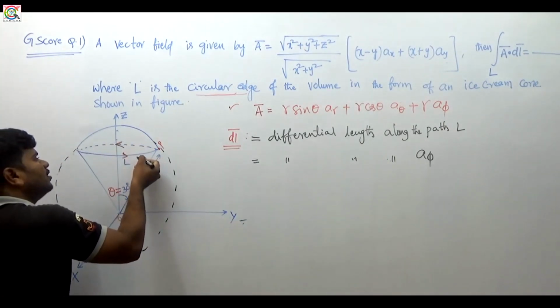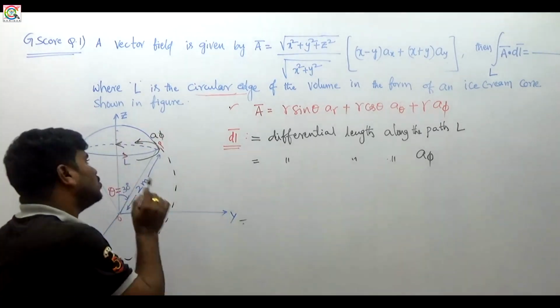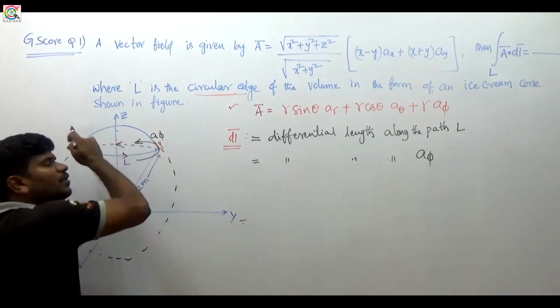This direction is called the a_phi direction, so I have to calculate the differential length along the phi direction.